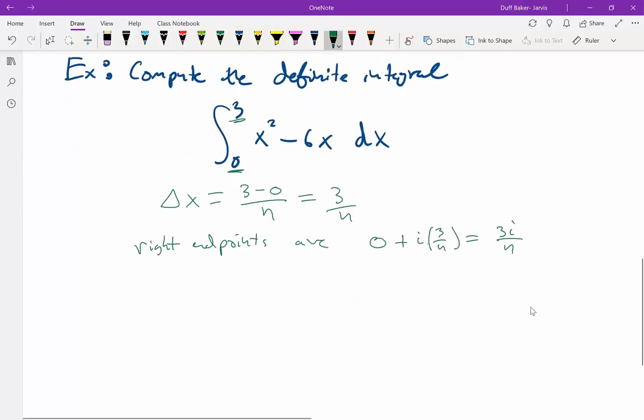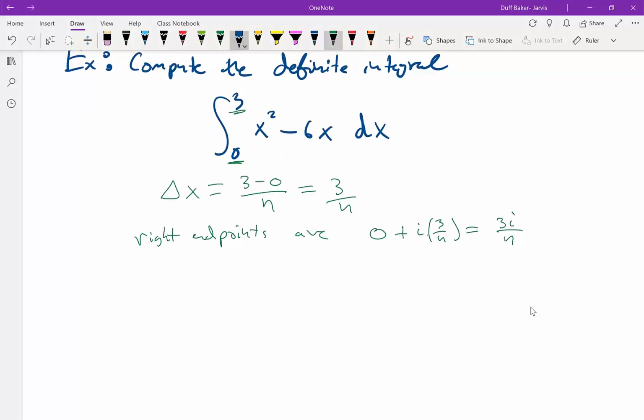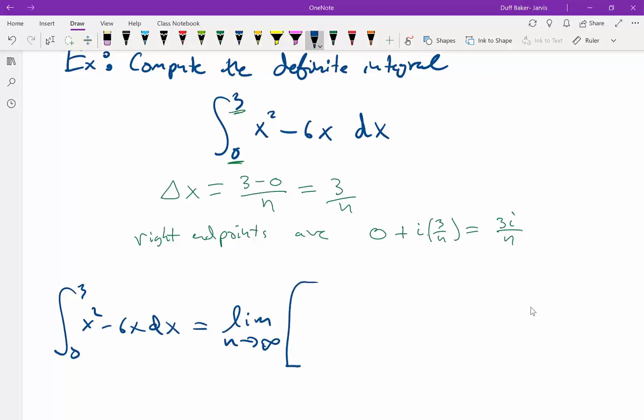So the integral from 0 to 3 of x squared minus 6x will be the limit as n goes to infinity. Okay, so first let's just write it down generically. It would be delta x, and then we'll swap in what we have.